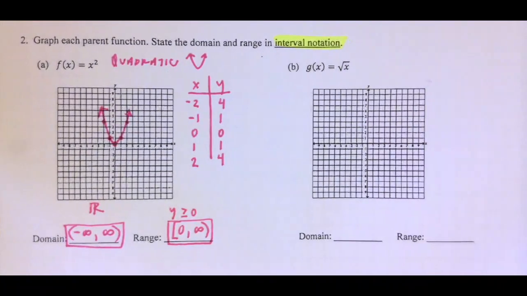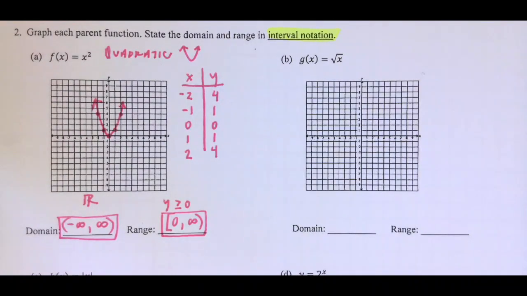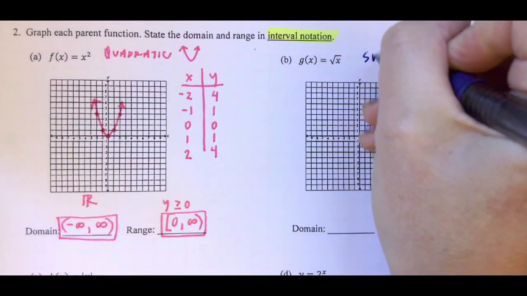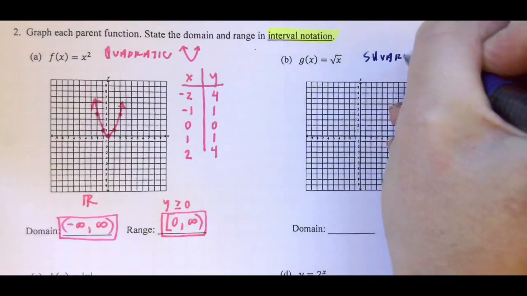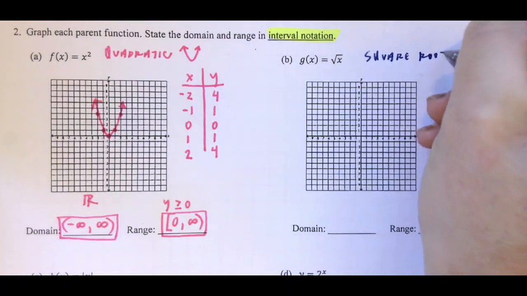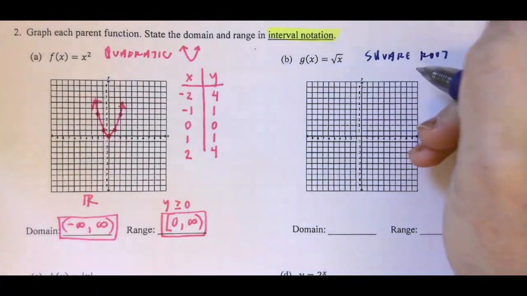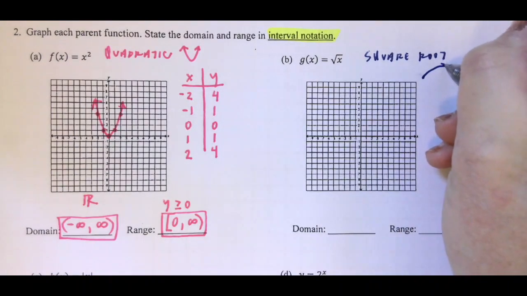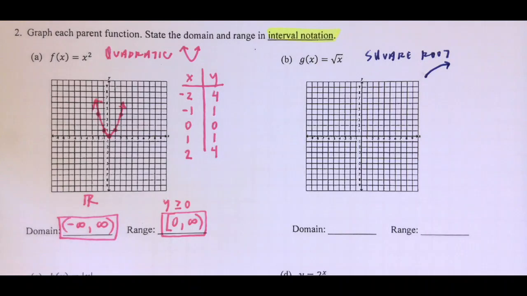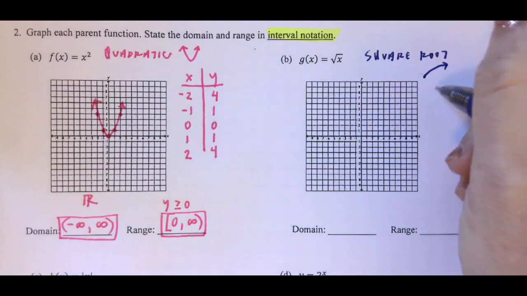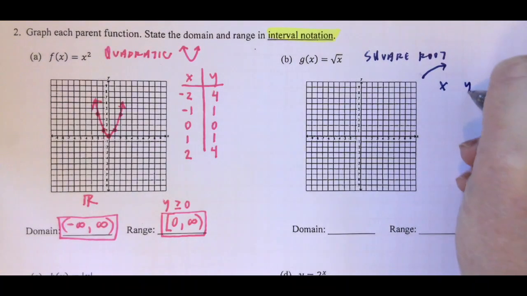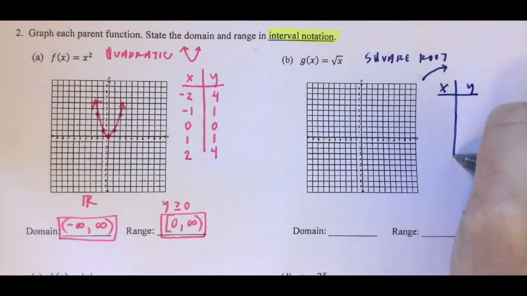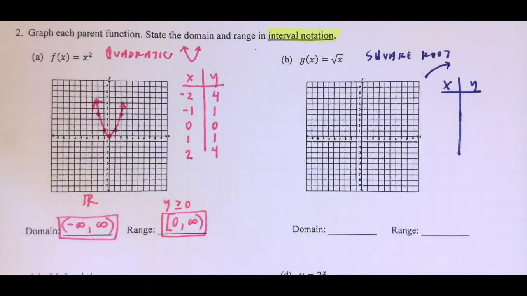Next function over here. This is our square root function. When I visualize it, I think my anchor position at the origin, and this little curve off to the right, that's what it looks like. So again, if I make a little chart of inputs and outputs, when we input for the square root function, we like to use perfect squares.